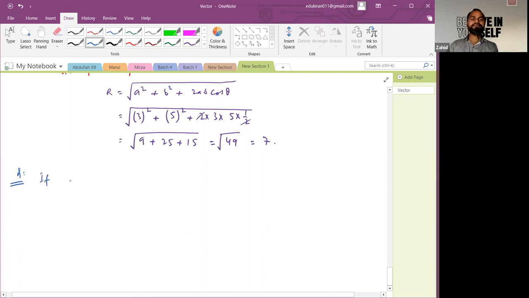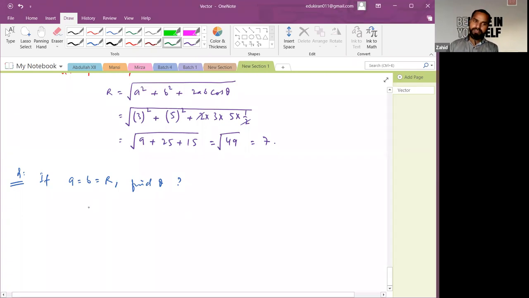If A is equal to B is equal to R, then find theta. It means the magnitude of first vector, second vector, and resultant vector, if all are equal, then what would be the inclination between them?